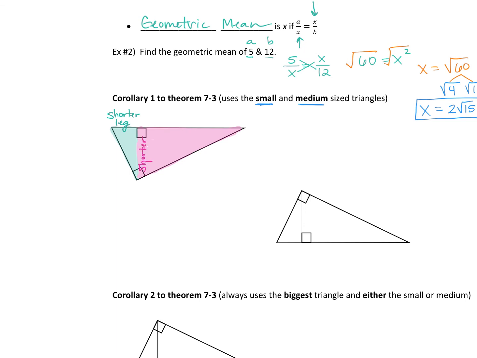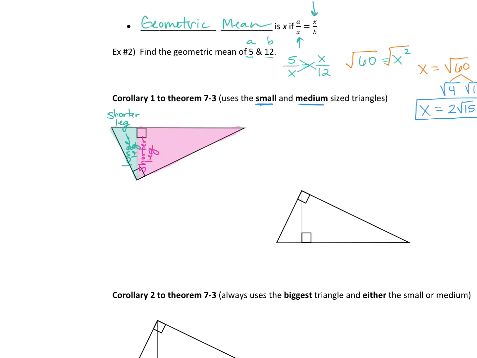This is the shorter leg of the pink triangle, okay? But that same piece is also which part of the small triangle? Do you see it? It's the longer leg, right? So the shorter leg on one triangle is the longer leg on another triangle. That's your geometric mean. This is your longer leg of the short triangle.